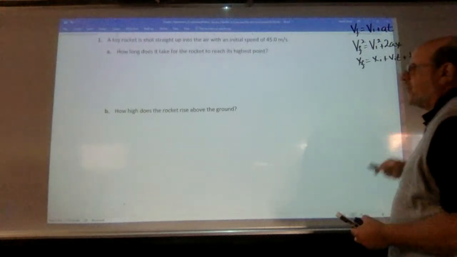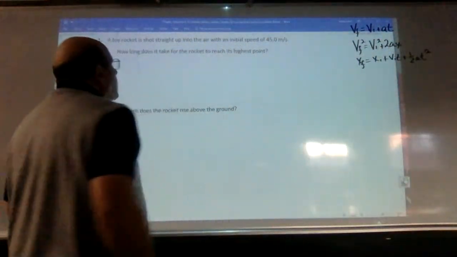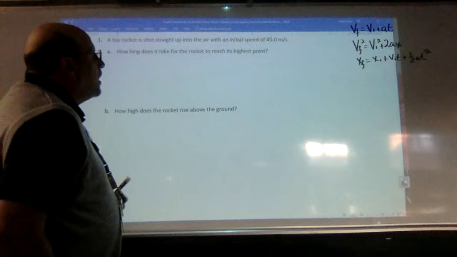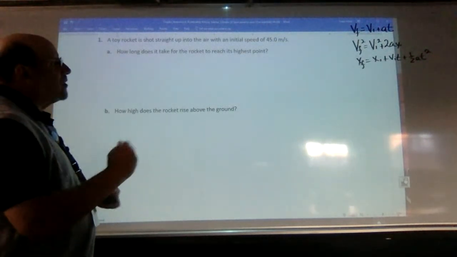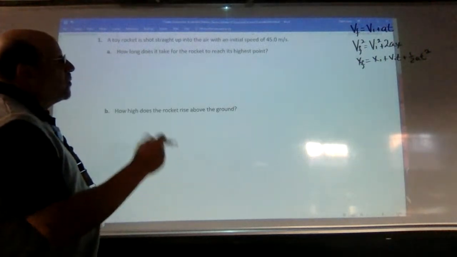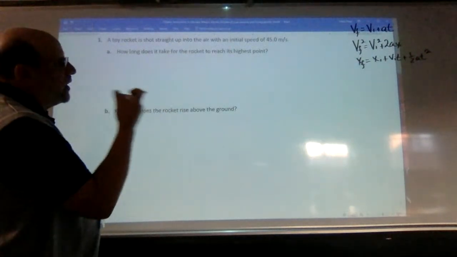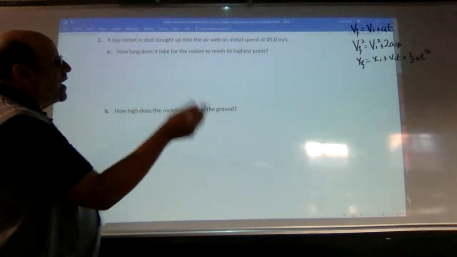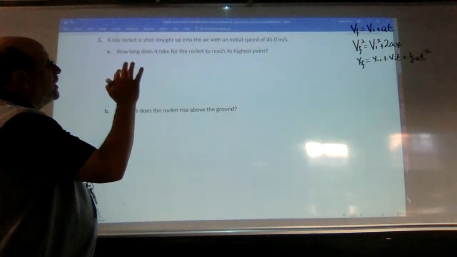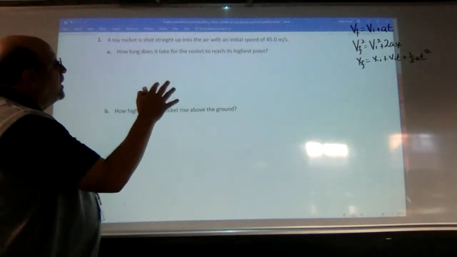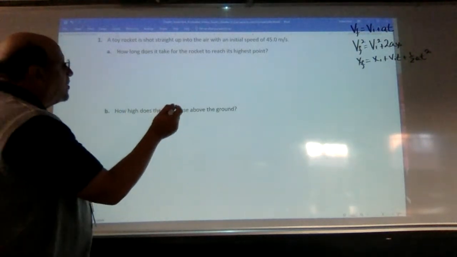Two more pages. A toy rocket is shot straight up into the air with an initial speed of 45 meters a second. How long does it take for the rocket to reach its highest point? So we're gonna use a formula to find time, but we're only given initial and final velocity, and we know the acceleration, right?